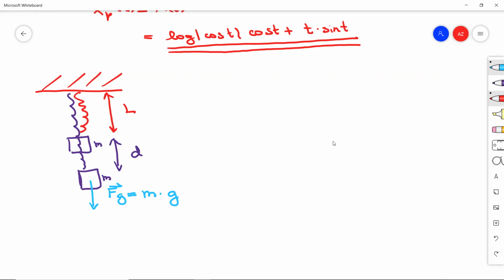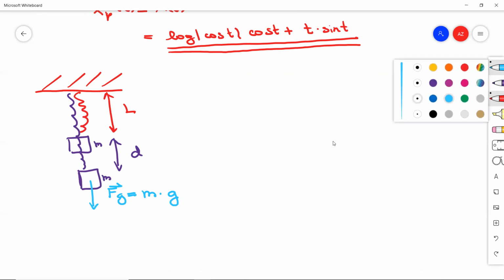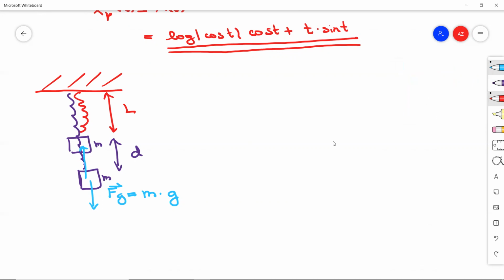Do you remember how it's called? K times D, yes. But how is this law called? Hooke's law, yeah. But it's K times D in size. The force of the spring is just in the opposite direction to the gravity.